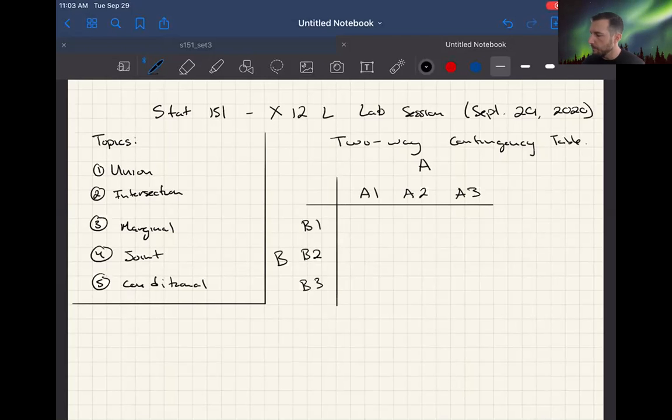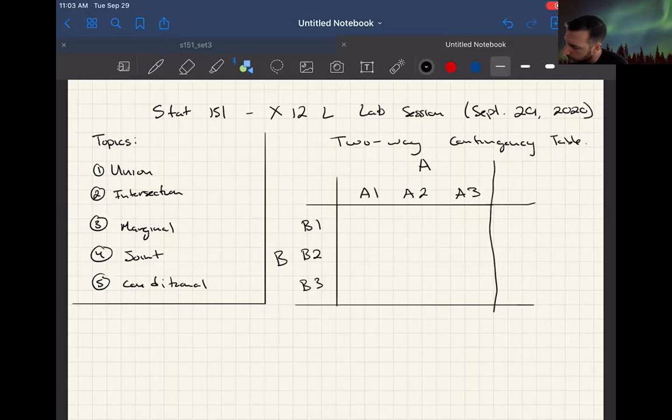So inside the table, we will have a set of counts, or alternatively, we'll have a set of probabilities, but we'll talk about those a different time. I'm just going to extend my table a bit here. Let's try to get everything to add up to 100.